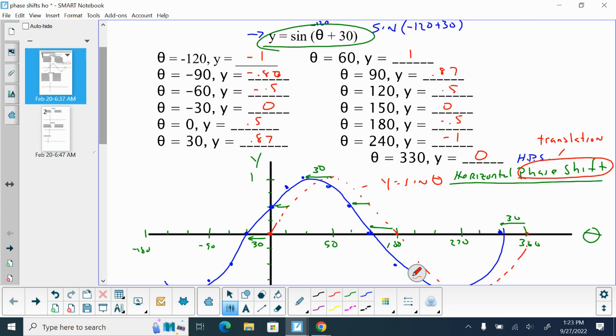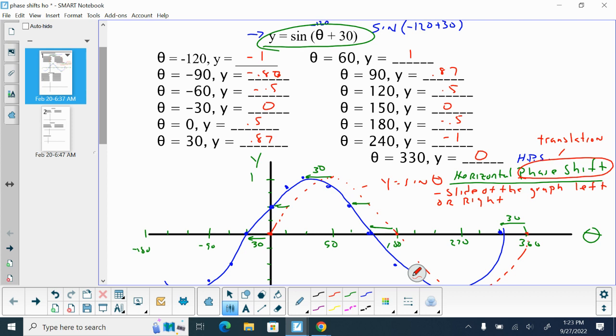And when you're talking about a translation or a phase shift, it is a slide of the graph left to right. So we're taking our graph and we're sliding it to the left and sliding it to the right.